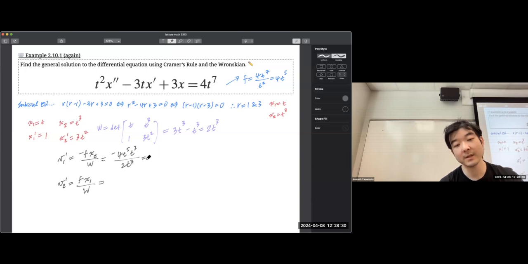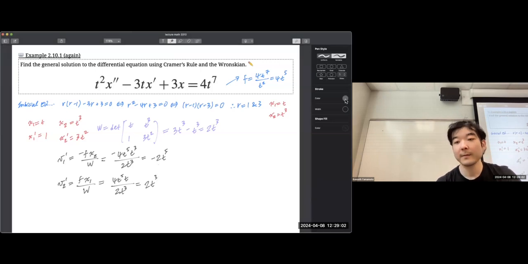So the t cubed cancels and the 4 becomes 2, so negative 2t to the 5th is v1 prime. This one is 4t to the 5th, x1 is t, the Wronskian is 2t cubed, so you'll have t to the 6 over 2t cubed.